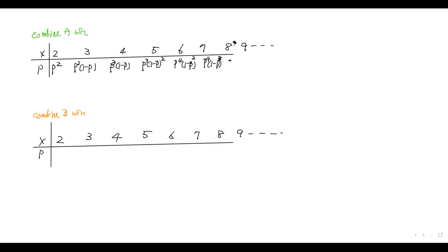Okay, so I'm going to give them a little bit more space. So given the P7 here, this will be p fourth 1 minus p to the cube. Then P8 will be p fifth, 1 minus p to the cube, that is 9.